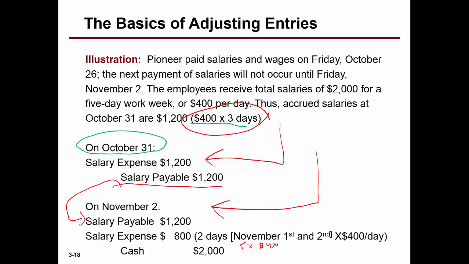And then we have salary expense for November, the 2 days in November, the 1st and the 2nd, at $400 a day. That is an expense of November. It was not an expense in October, because October was October, and this is November now, and we clicked into the next month. Question?